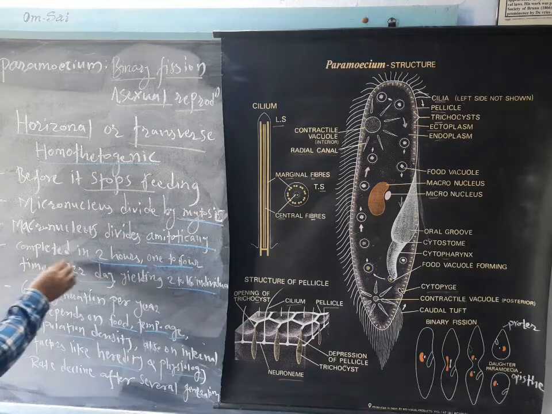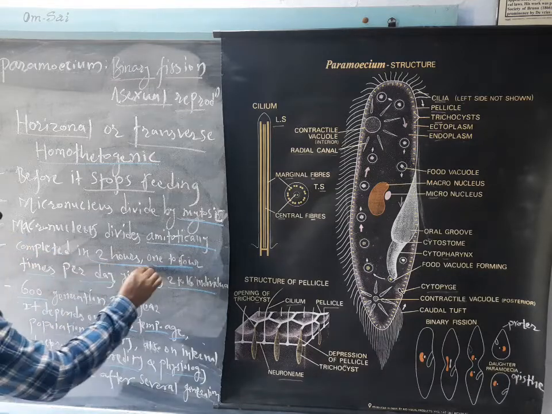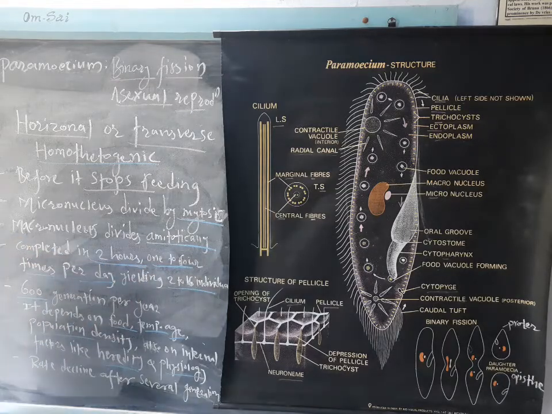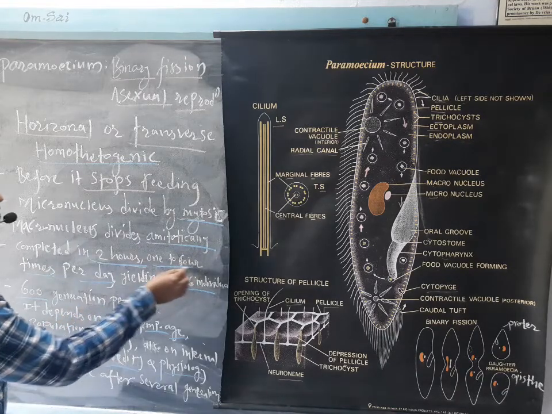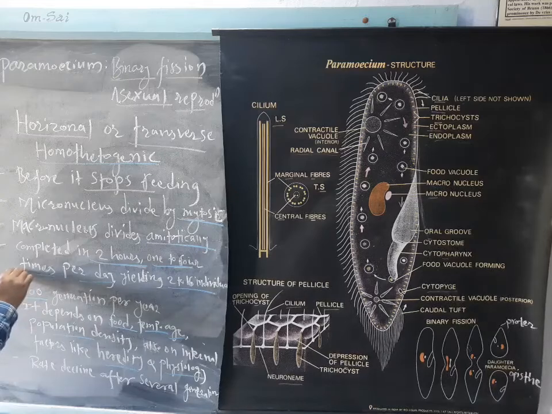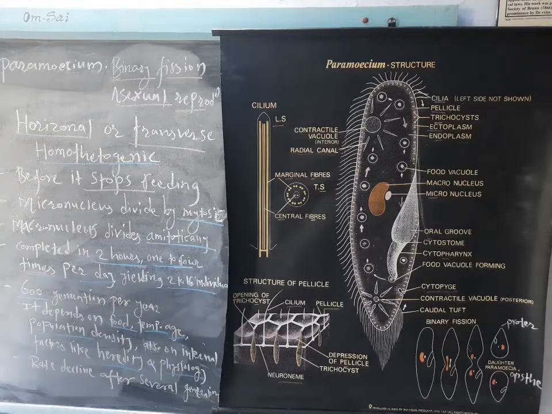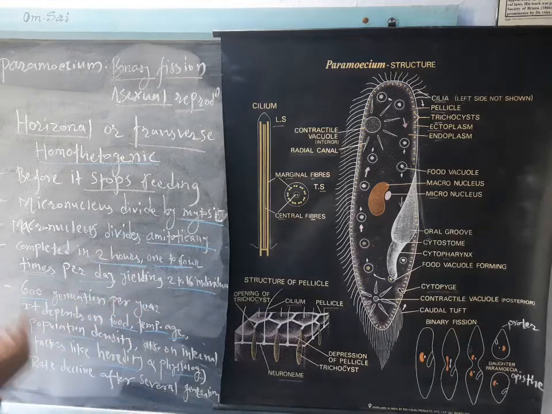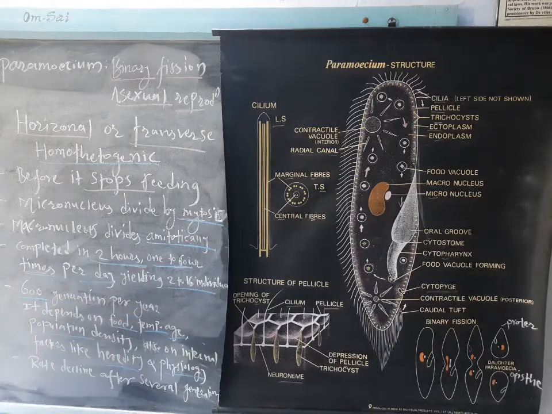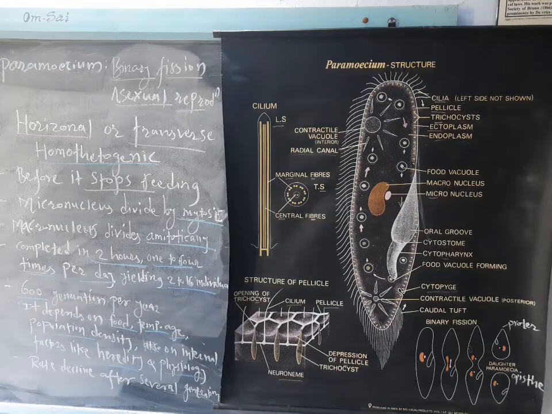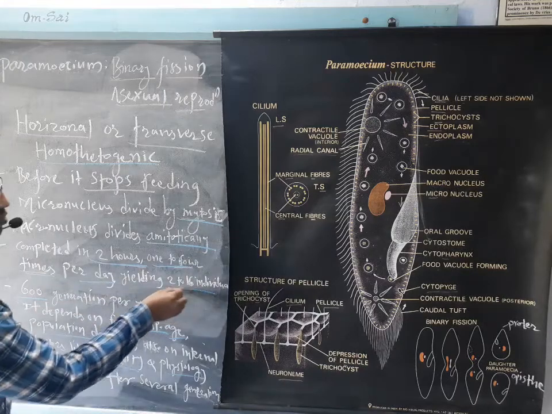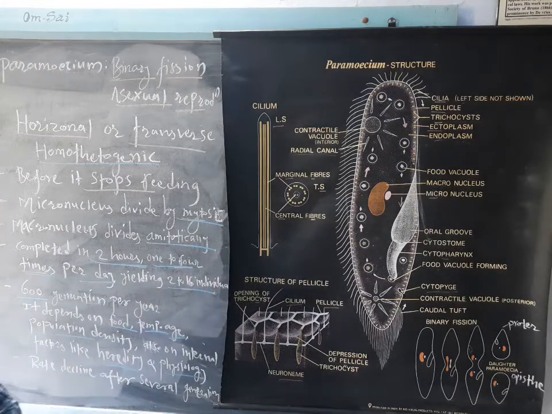The whole process of binary fission in Paramecium is completed in 2 hours, and it is carried out 1 to 4 times per day, yielding 2 to 16 individuals.